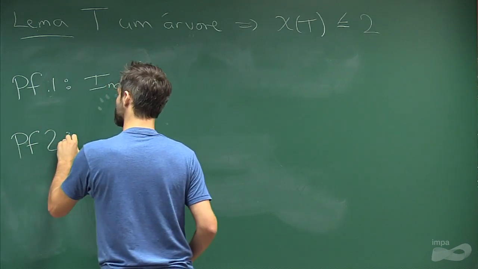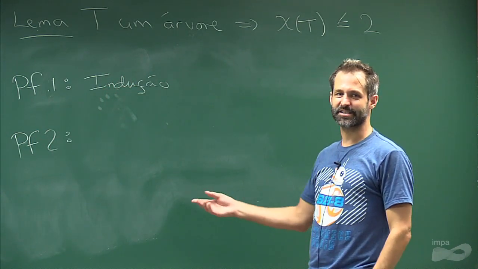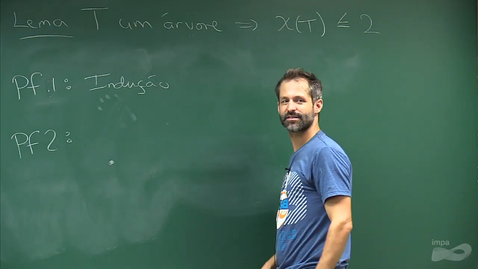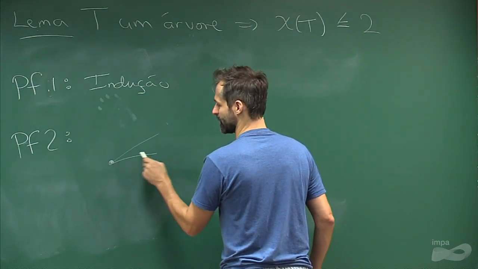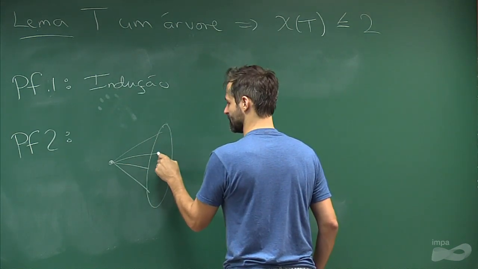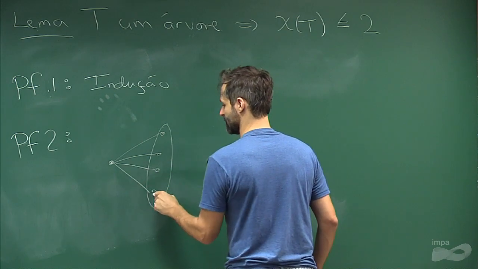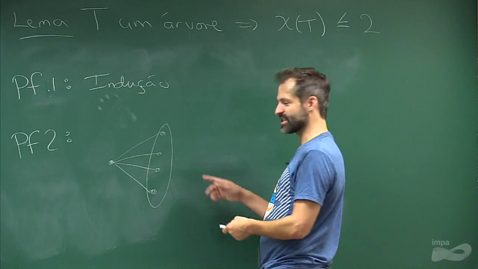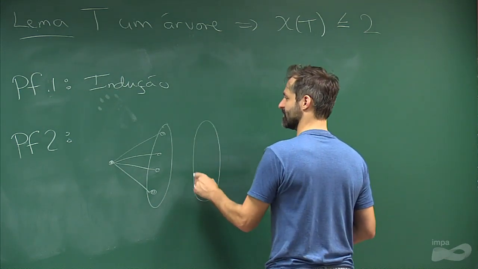Proof 2. This is a nice idea because you see this idea used other times. Let's start with a vertex. Look at its neighbours. And then look at the second neighbours, the neighbours of these guys.